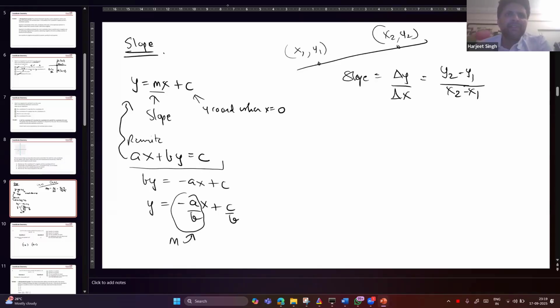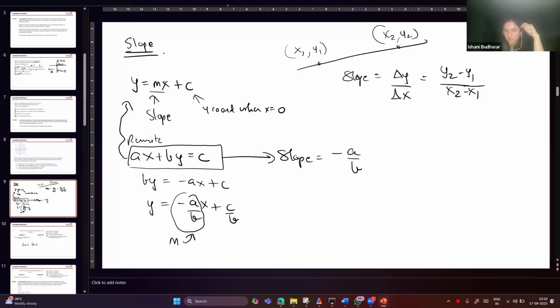So when you see this as the equation of a line, you should immediately understand that the slope is minus a by b. Shortcut: x should be first, y later. The ratio of the coefficients of x and y, and negative of that, is your slope. So now these two are the important points.